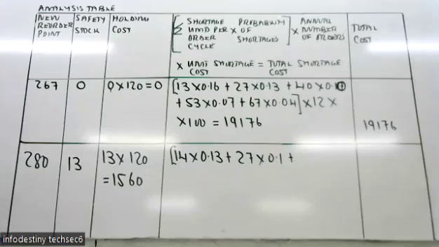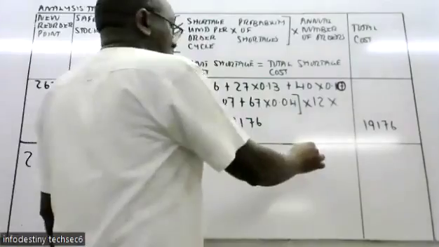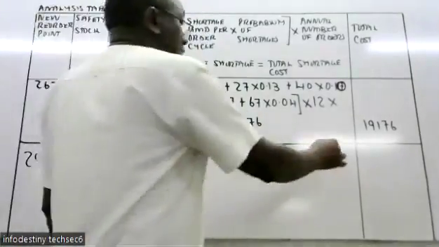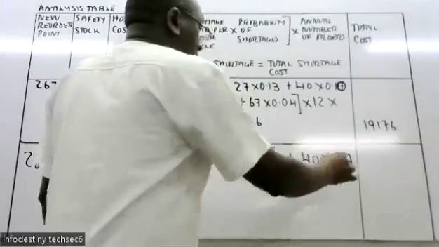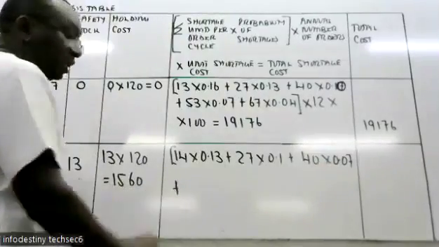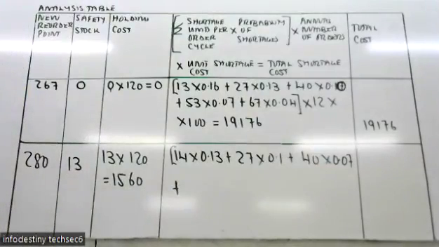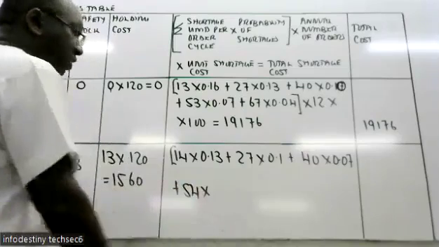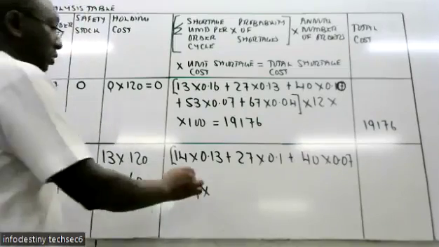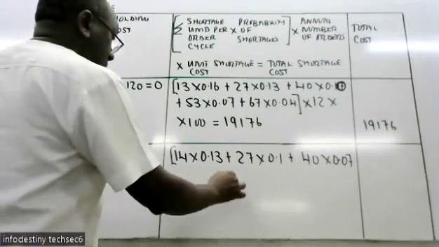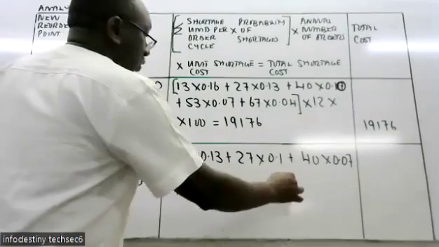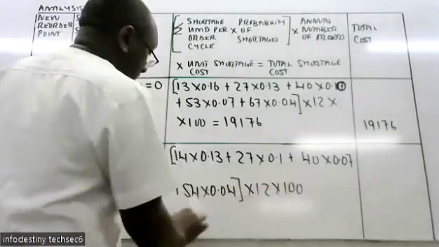Huyo mwingine analeta shortage ya 40 with a probability of 0.07. Huyo mwingine analeta shortage ya 54 with a probability of 0.04. So this one now you multiply by 12, you multiply by 100.